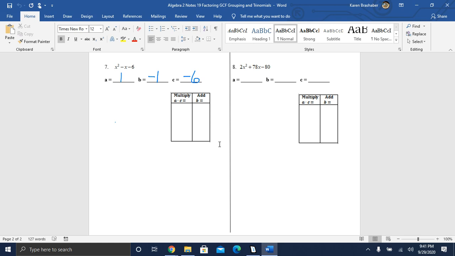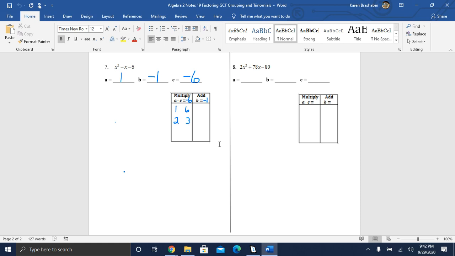So as I look at my table, I have to get numbers that will multiply to 1 times -6. So I have to get numbers that multiply to -6. At the same time, they have to add to -1. I'm looking for those that will let me split a 3-term expression into a 4-term. Well, what multiplies to 6? I have 1 and 6 and 2 and 3.